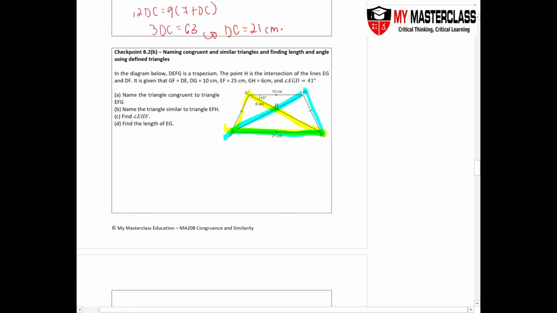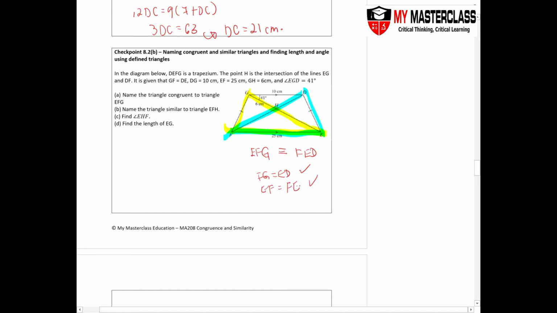Why? Because, let's say EFG is congruent to FED, because FG is given to be equal to ED. This is given. You know that the base is the same, so FG equals EF. And EF equals FE, it is also given.